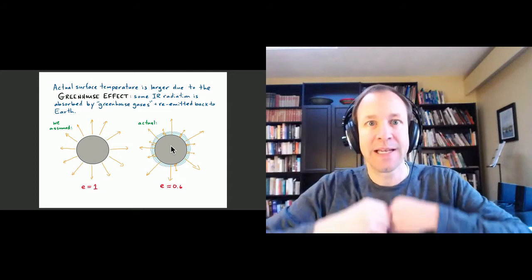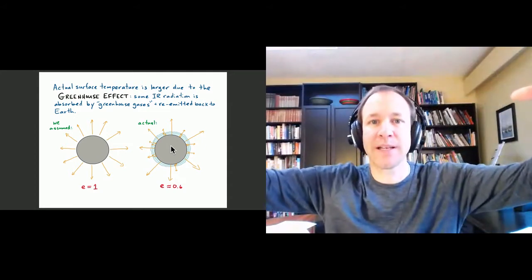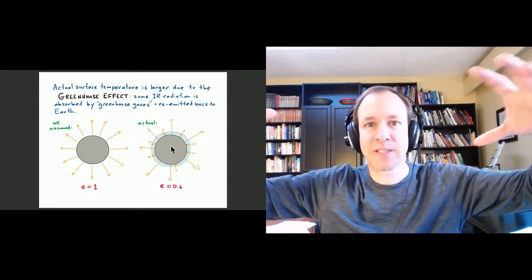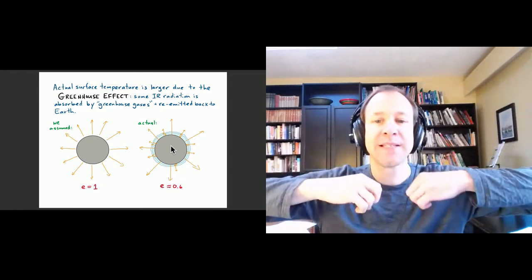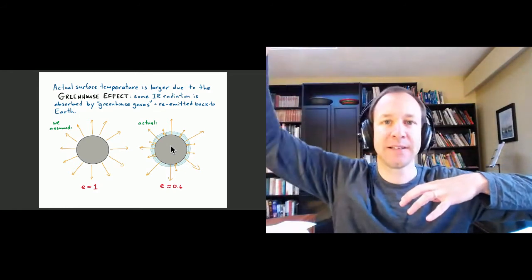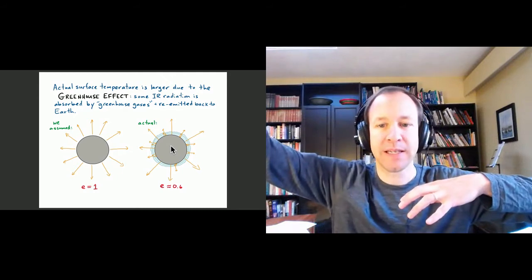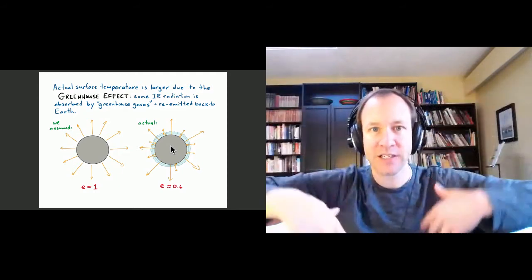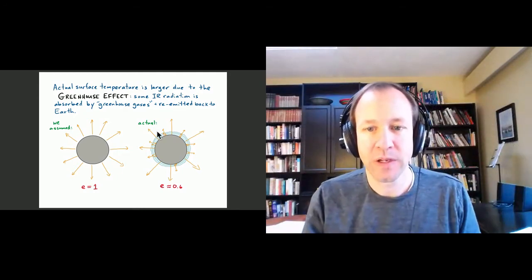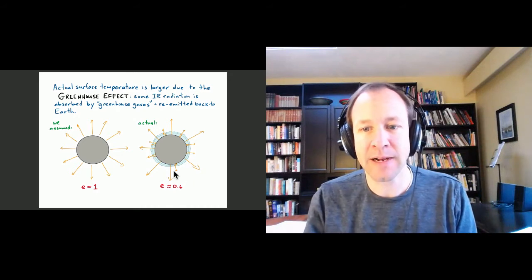So it heats up, say, the carbon dioxide molecules in the atmosphere. Those things then partly radiate some of their energy into space, but partly radiate some of the energy back down to Earth. Okay, so that's what's indicated in the diagram.